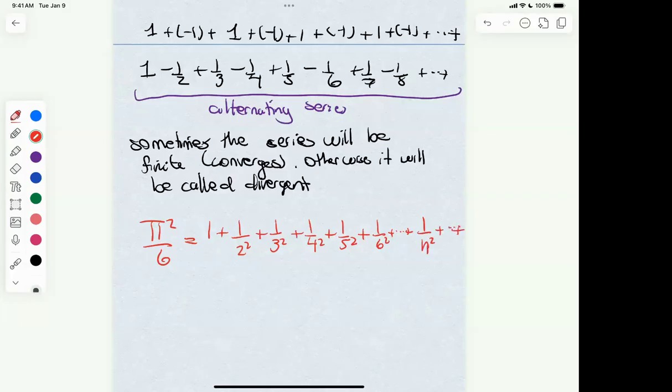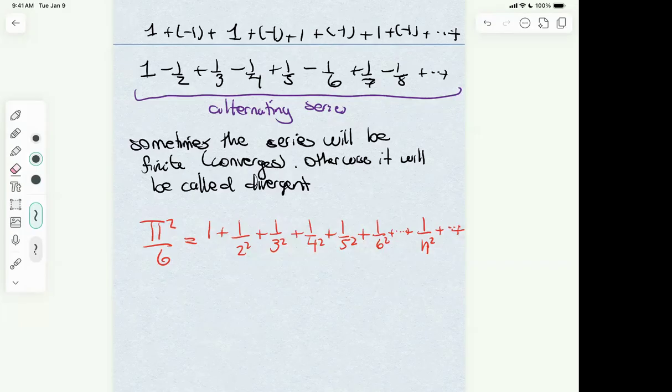Which is kind of crazy, because I'm saying take an integer, square it, and put the number in the denominator. The denominators are the squares of integers. So add the reciprocals of the squares of the integers.